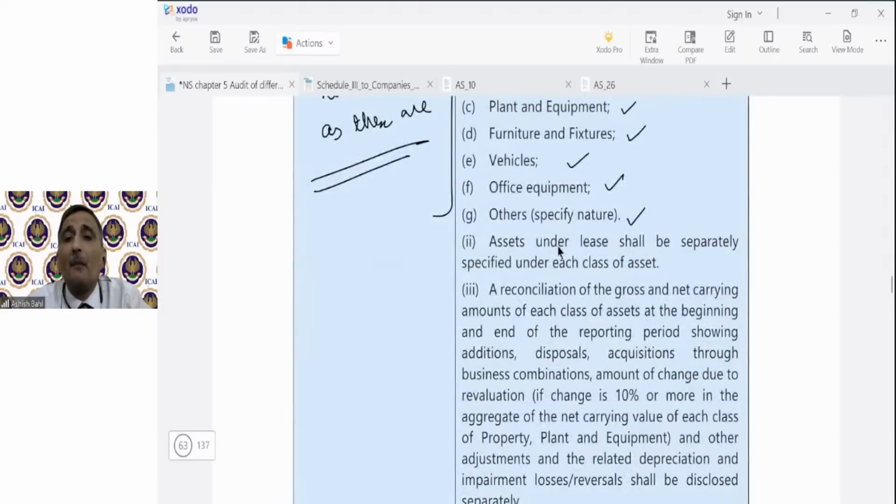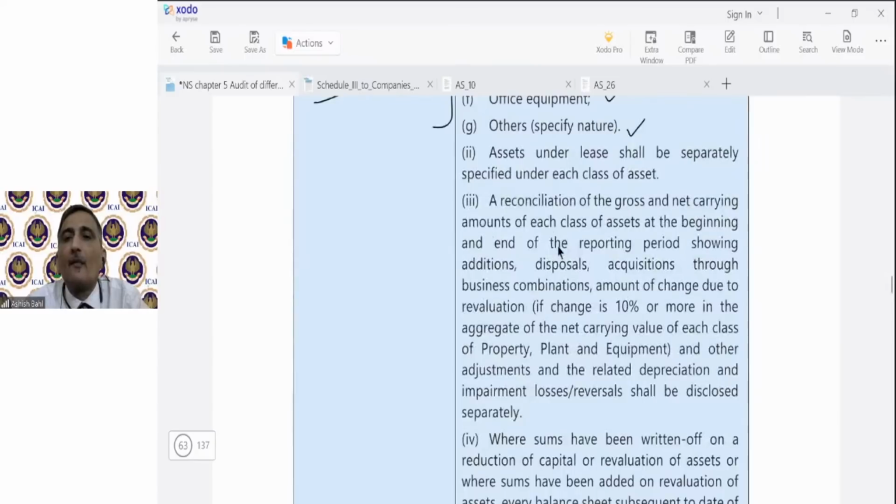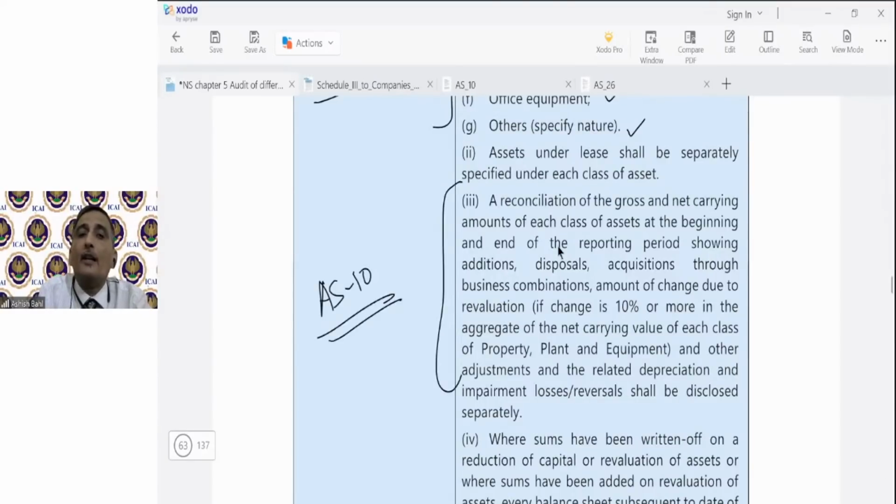And if there are some assets under lease which are capitalized, these shall also be disclosed separately. And if the assets have been revalued, say students, you have read in AS 10 that assets can be shown according to two approaches: one is cost model, one is revaluation model.